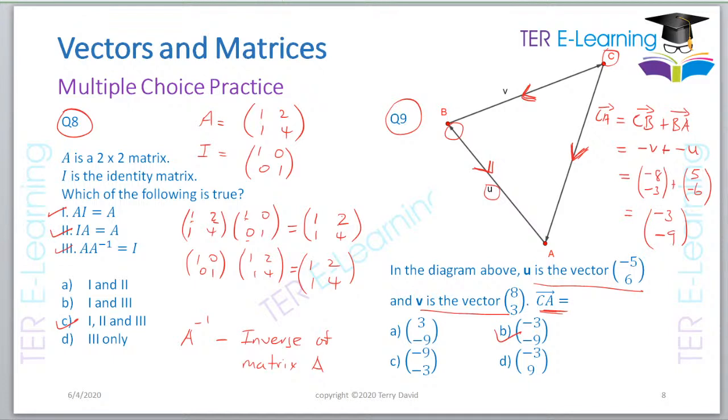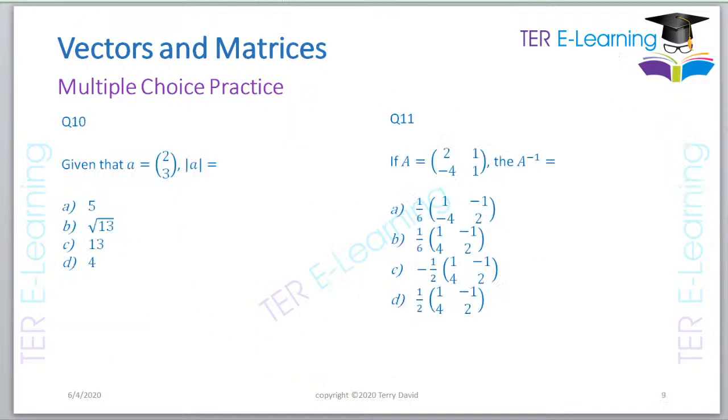So let's move on to question 10. We have a column vector. This is what I call a column vector here.